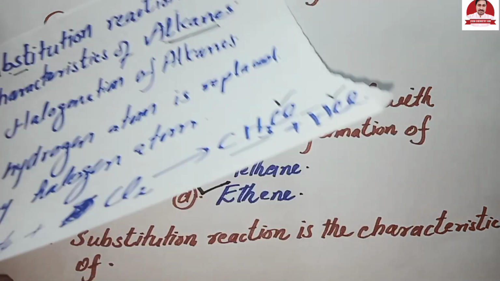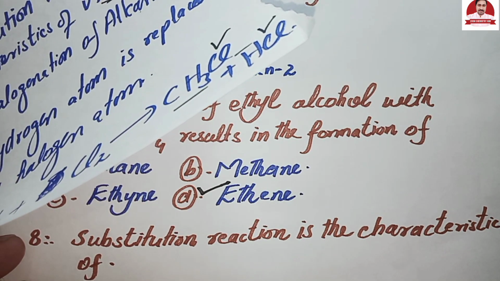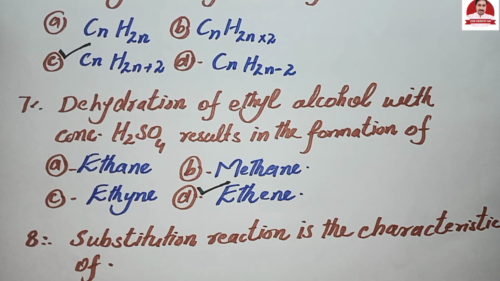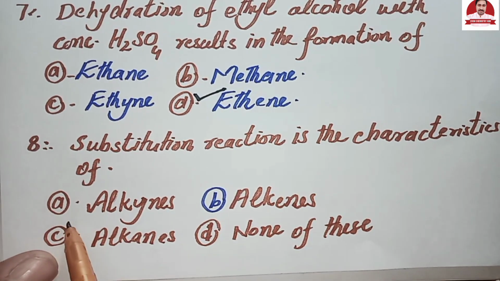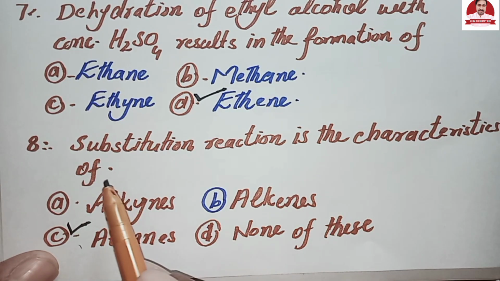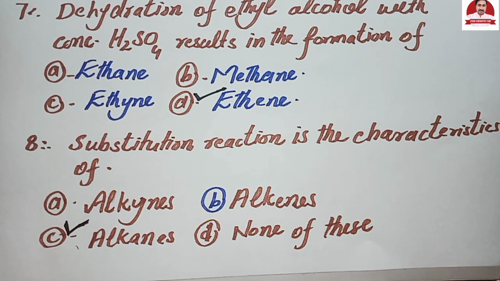So the option C is correct. The substitution reaction is the characteristic of alkane.